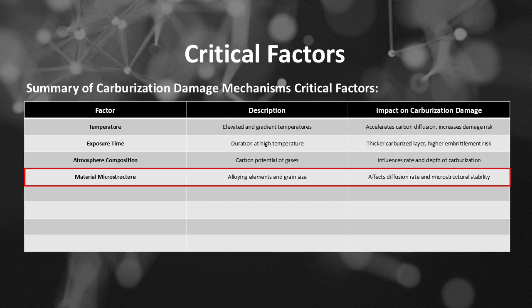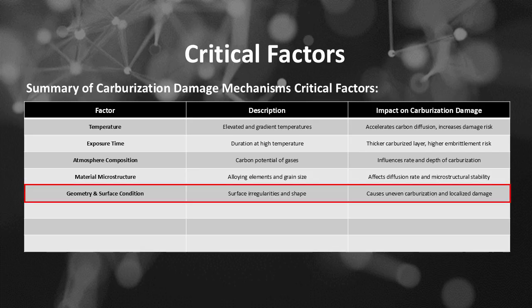If the factor is material microstructure, described as alloying elements and grain size, the impact is affects diffusion rate and microstructural stability. If the factor is geometry surface condition, described as surface irregularities and shape, the impact on carburization damage is causes uneven carburization and localized damage.